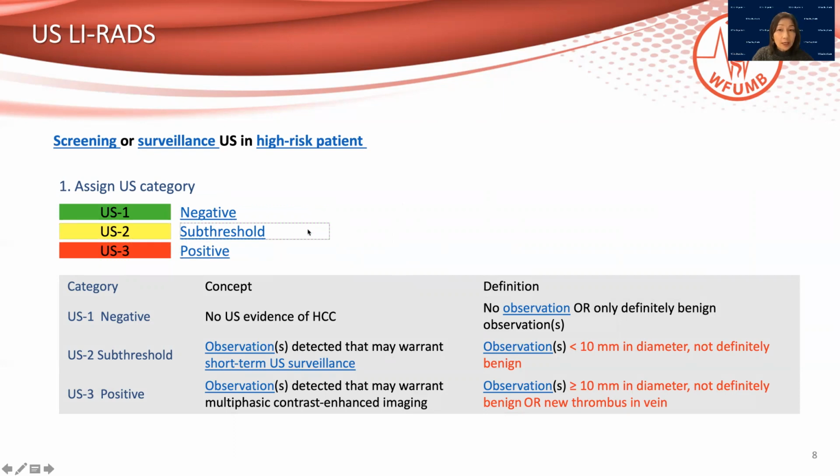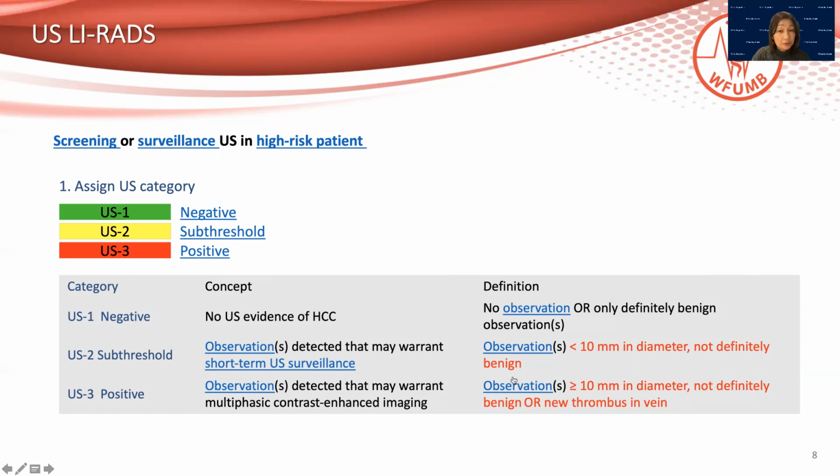There is a small, less than 1 centimeter lesion that is not definitely benign, like a cyst. And US3 is a positive ultrasound with a nodule or observation greater than 10 millimeters, or new tumor in vein, that triggers diagnostic study.